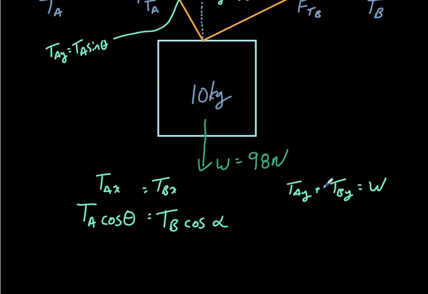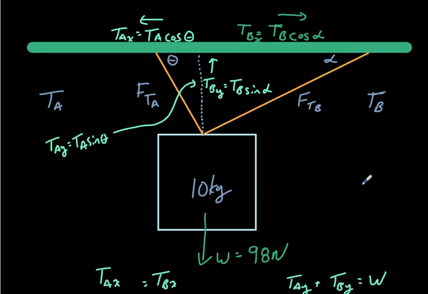Since we have unequal angles, they are not equally lifting. The sum of them has to be equal to W, but they are not equally lifting. So we can say TA sine theta plus TB sine alpha has to be equal to 98 newtons.